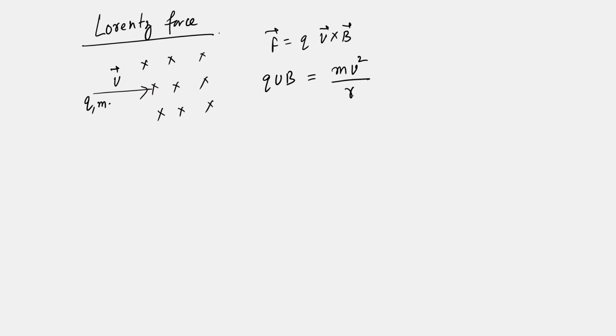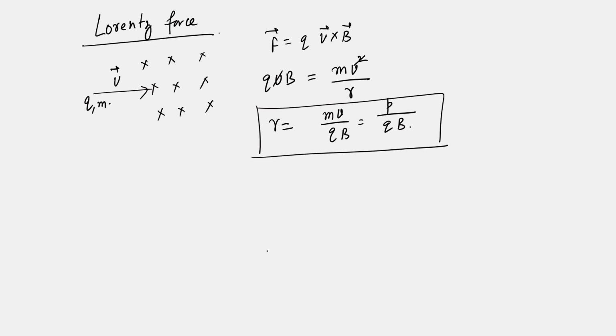This circular motion will have a radius given by, with v canceling, m v over q B, that is, momentum over q B. So, one can measure the radius of the trajectory, which is nothing but the momentum of the particle divided by its charge multiplied by the magnetic field.